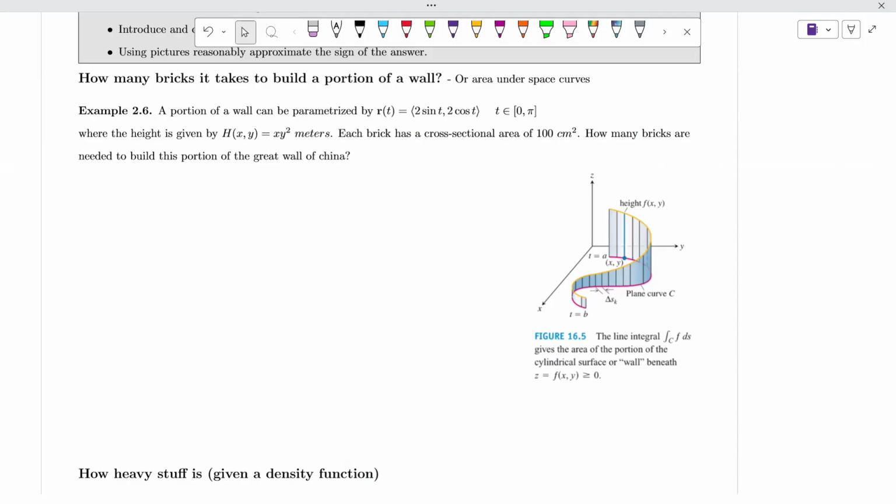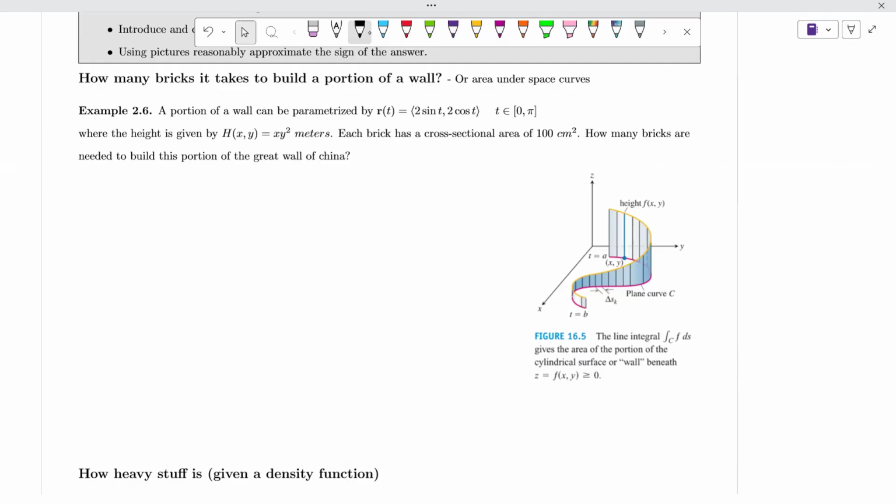So let's go calculate that, right? If I imagine this curve over here on the right to be my segment of the wall that I want to build, the total area of that wall should be roughly the height times the width because it's kind of rectangular, but we want this thing to be an integral.